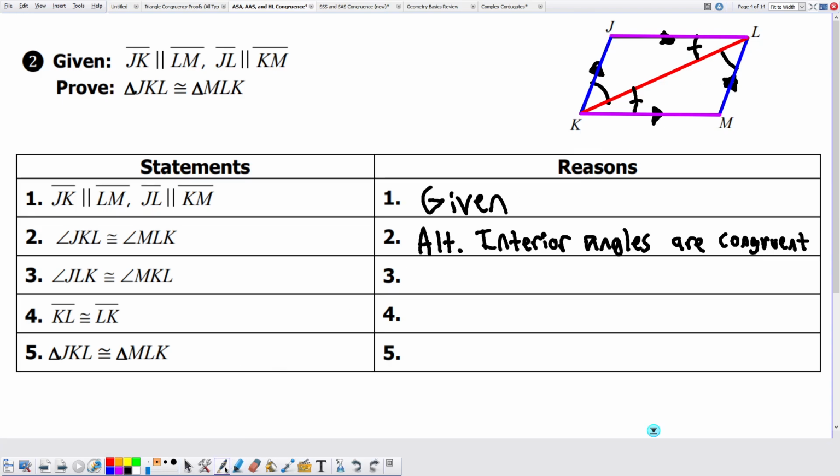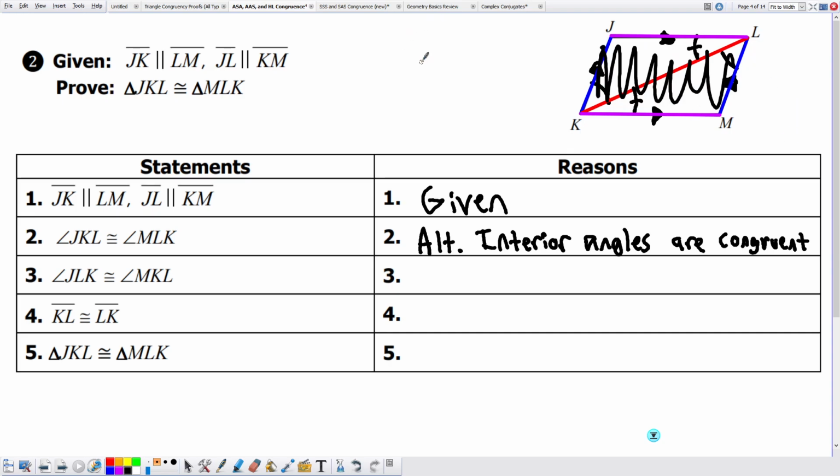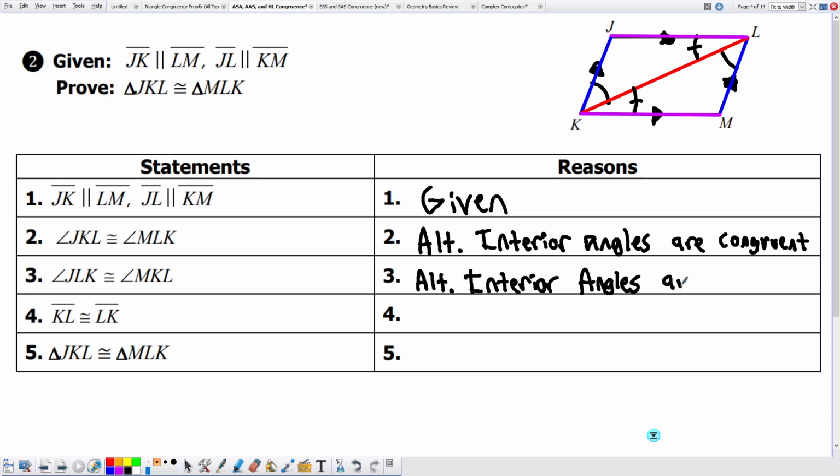They are on the interior of those parallel lines. Remember, these are angles with the one tick mark. And they're on alternating sides of that transversal. So again, they're congruent by alternate interior angles are congruent.